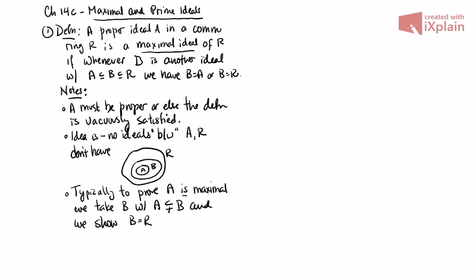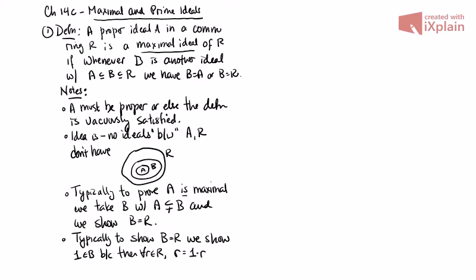Now, there's another note I want to put with that, which is on how to show that an ideal is the entire ring. Typically, to show that B is R, we show that 1 is in B, because then everything is in B: for all r in R, r is 1 times r, which therefore must be in B. Remember, the definition of an ideal is that if you take an element in it and multiply by anything in the ring, you get something in the ideal.